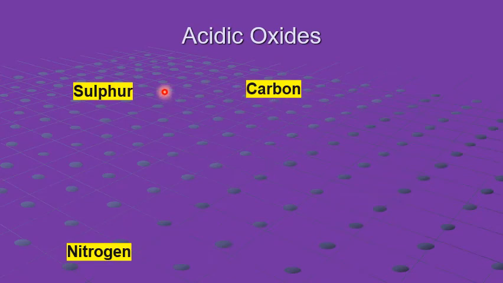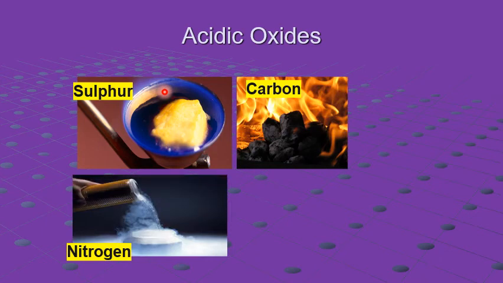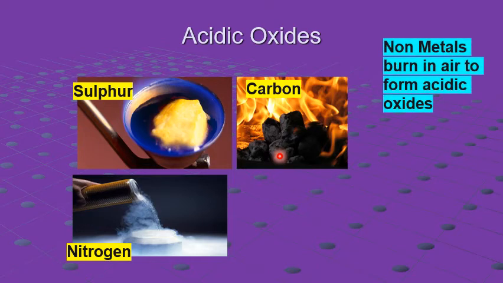So next we have sulfur, carbon, and nitrogen. When we burn these, they are considered non-metals. So when we burn these non-metals, what kind of oxides are we going to form? Acidic oxides. So non-metals, when they burn in the air, form acidic oxides.